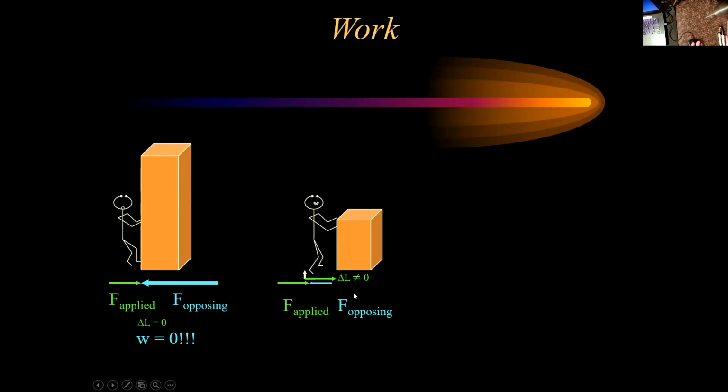So again, the takeaway from this little cartoon is work requires a boundary to move. If the boundary doesn't move, like in the first case, no work is done. If the boundary moves, the boundaries of that little cube move from its starting point here to its ending point here, and so work was done.